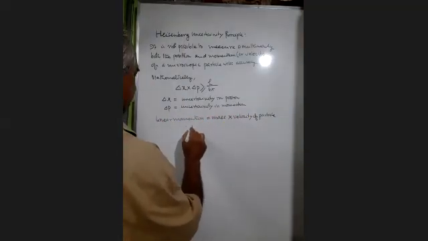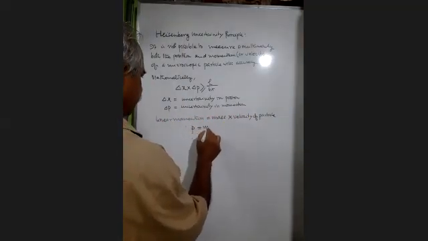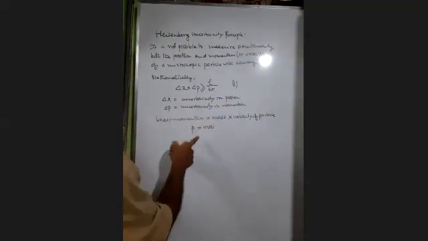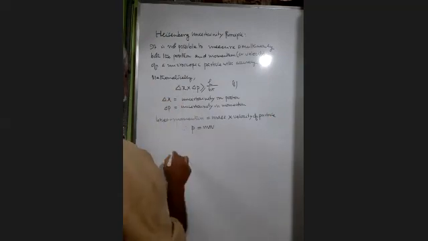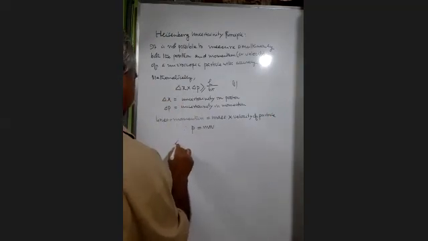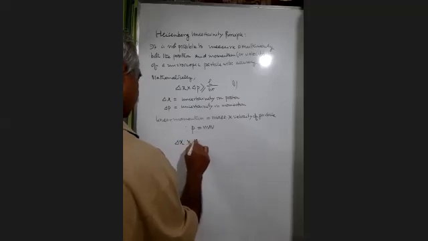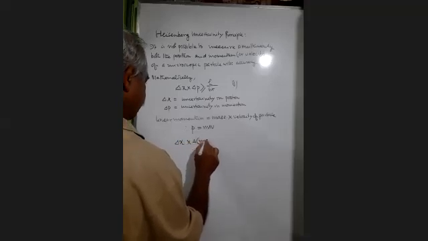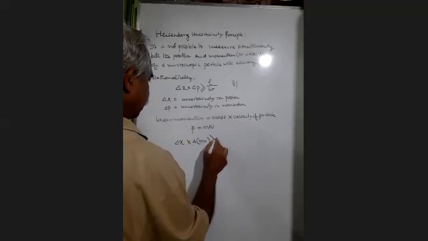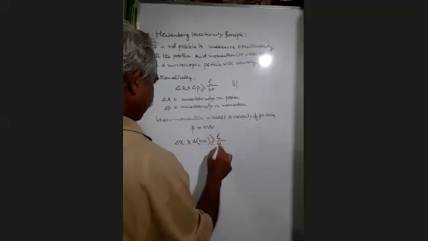Therefore, P is equal to m into v. So this is equation 1. Let us substitute it here. Therefore, delta x into delta mv is greater than or equal to h by 4 pi.